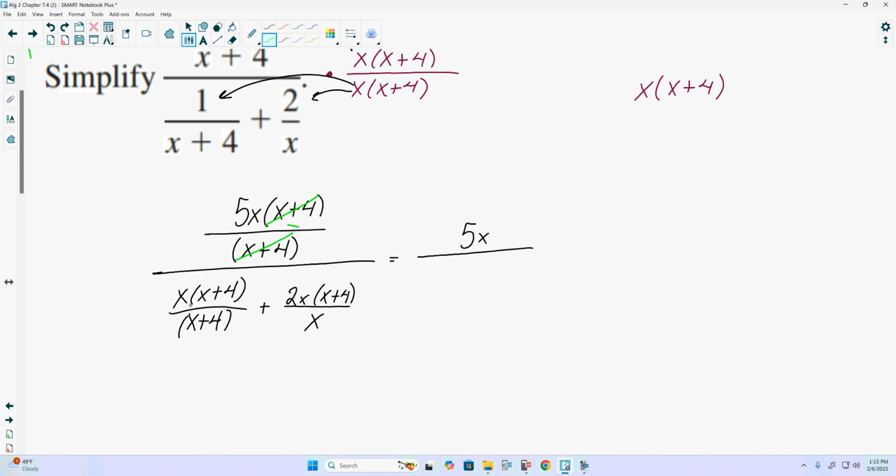The first one here, our x plus 4 and x plus 4 will cancel, leaving us with x. And lastly, the x and x here cancel, leaving us with plus 2 times x plus 4. That's why we multiplied by the least common denominator, to get rid of all those fractions in the fraction.